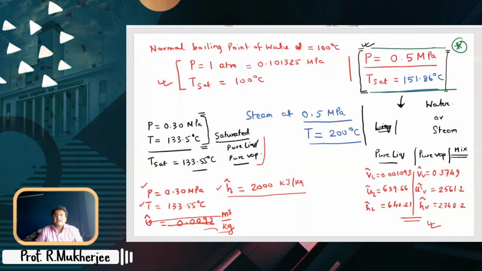Now you see that specific enthalpy in the liquid form is given as 561.45. Specific enthalpy in the pure vapor is given as 2725.3. And the specific enthalpy of your system is 2000. So what is the conclusion?